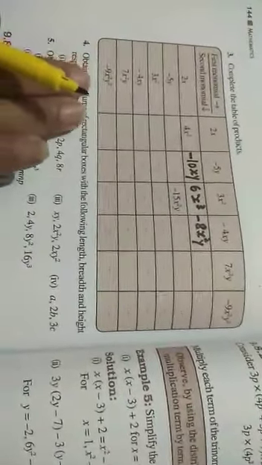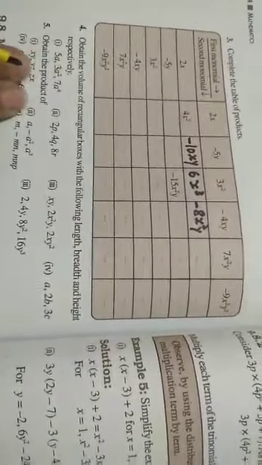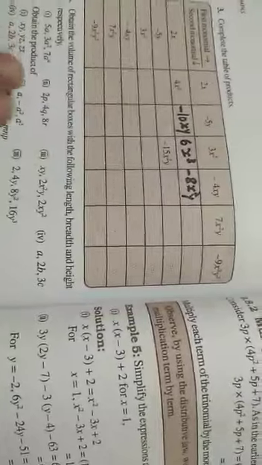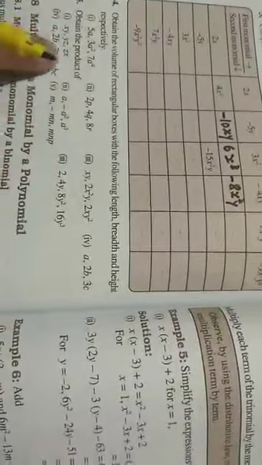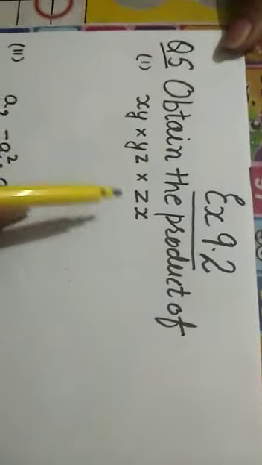Now question number 5 and 4 we have to do. We will be doing question number 5 first. It's given to you, obtain the product, and 3 monomials are given to you, 3 or even 4 monomials are also given to you. So the method is, first of all you will multiply 2 monomials, then the result will be multiplied with the third one.